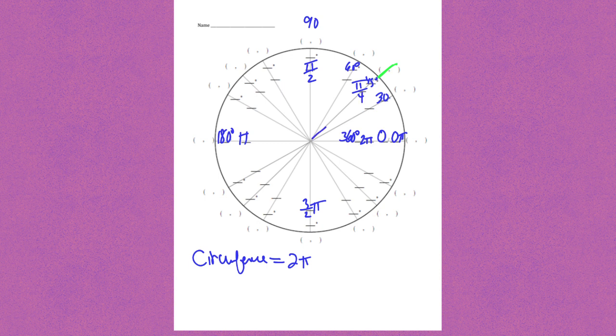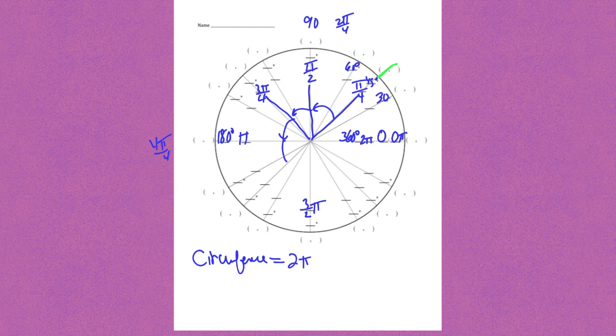Add another 45 degrees and it would be 2/4 of the way around a circle, or pi over 2. If you add another 45 degrees, you get 3/4 of the way around. If you add another pi over 4, you get 4 pi over 4. Well, 4 pi over 4 is just pi.